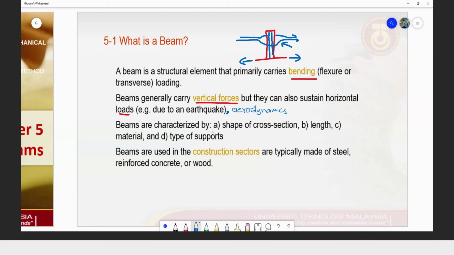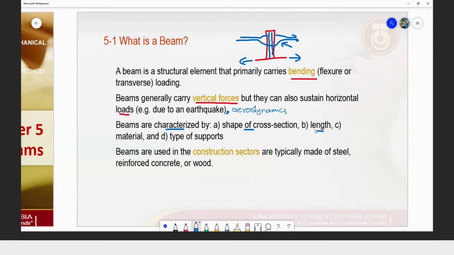Beams are characterized by shapes, cross section, the length, the material and type of support. So this is the characteristic of a beam. So there are several type of beams according to its shapes. Yang paling ketara adalah shapes lah.